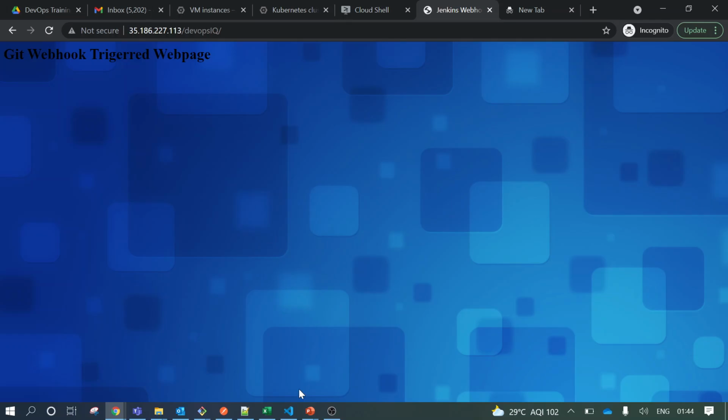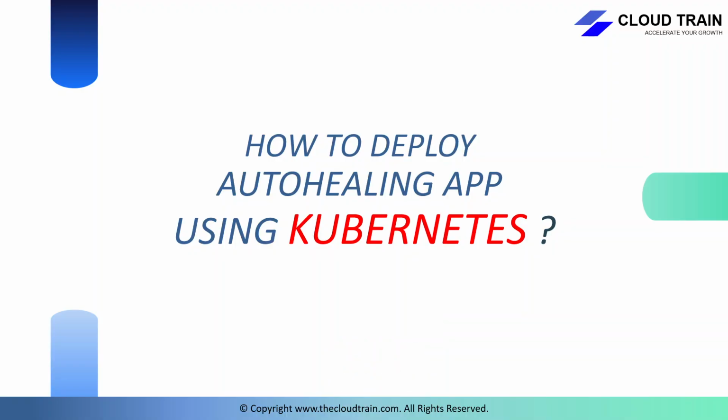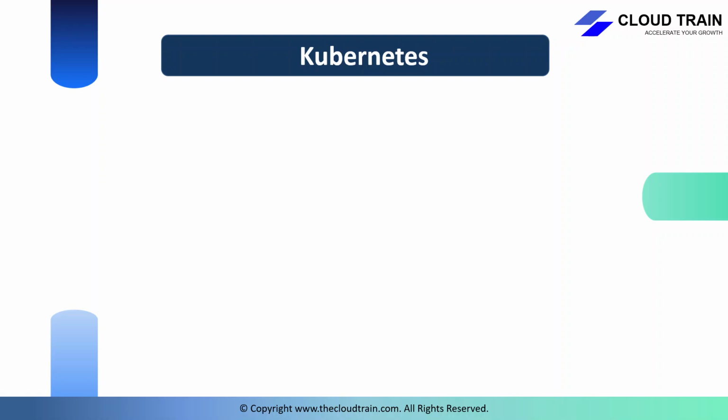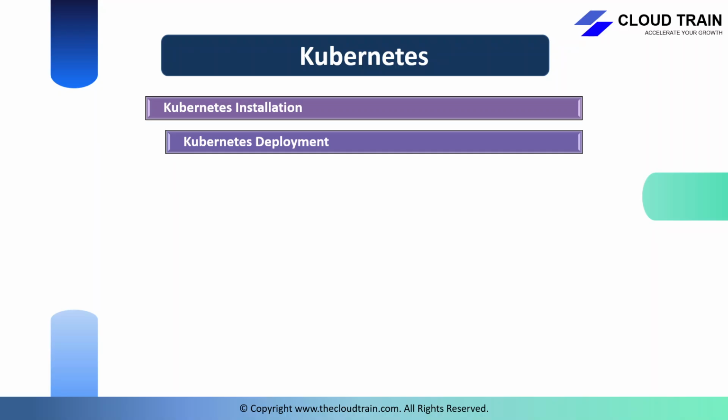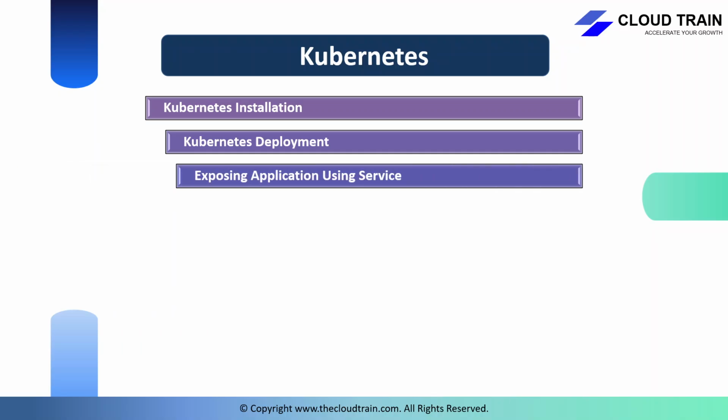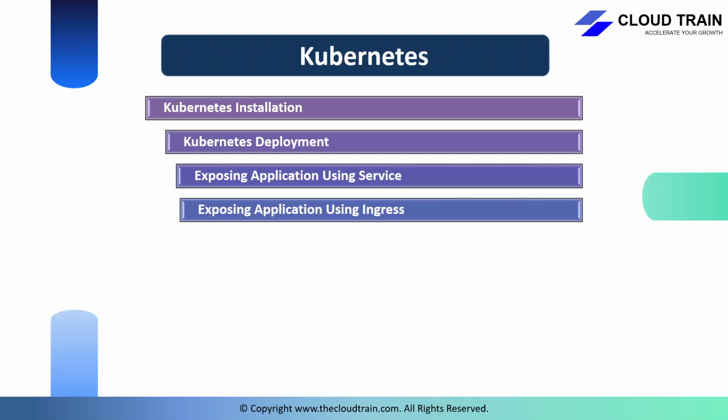What else do we learn here in Kubernetes DevOps training? We cover a lot of learnings in Kubernetes and other topics like Git, DevOps and Jenkins. Every module that we cover has a lot of topics. In Kubernetes, we cover Kubernetes installation, deployment, exposing your application using services internally or externally, and exposing your application using ingress as well, the way we did just now.